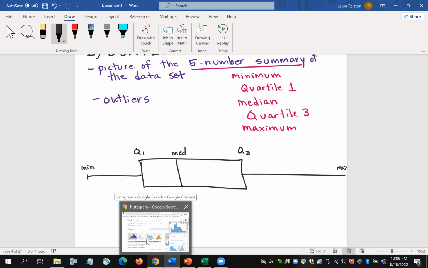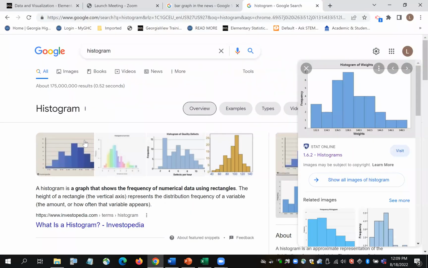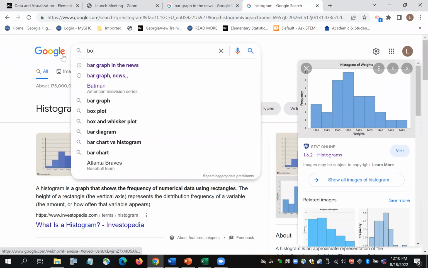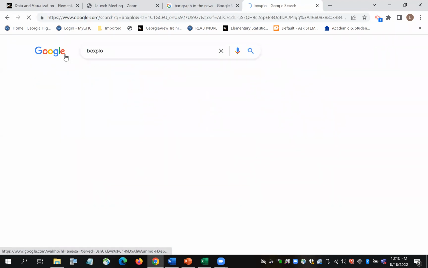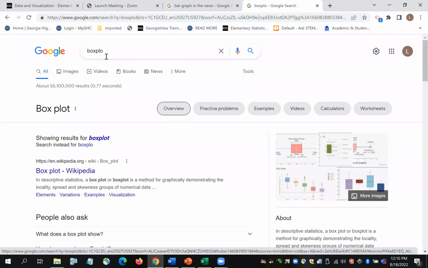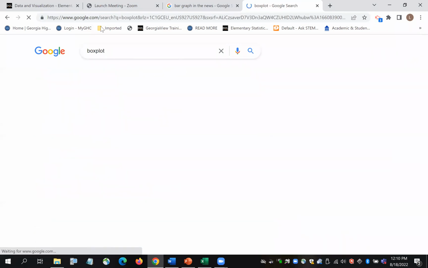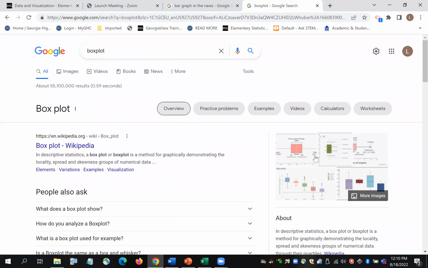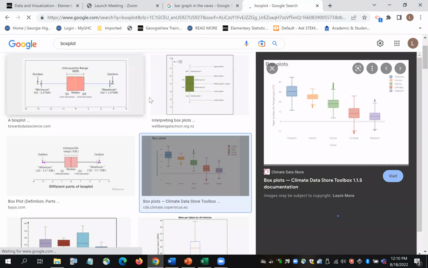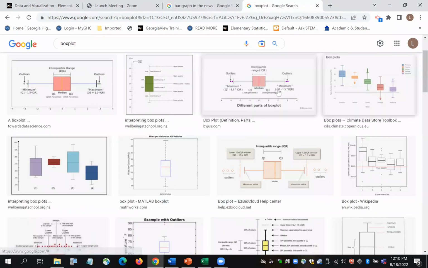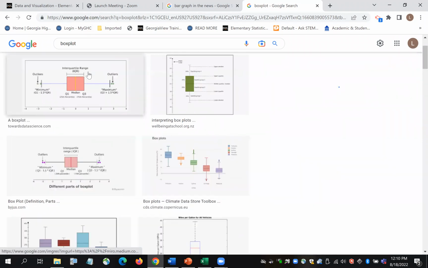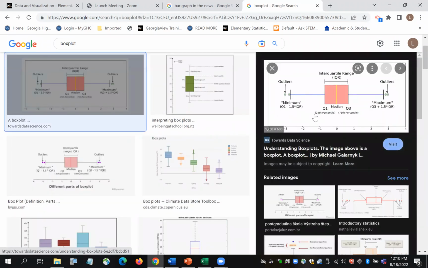Let me see if I can find you one that's been professionally done. Okay, so you can find examples of these things. I just type in box plot. Whoops, I missed getting the T on there. Okay, a box plot, and it gives me pictures. So here's one, and again, that kind of just lets you see it.